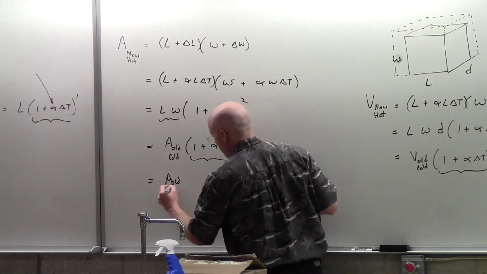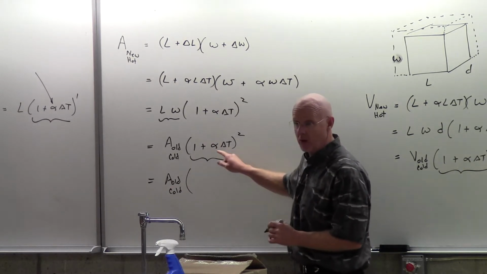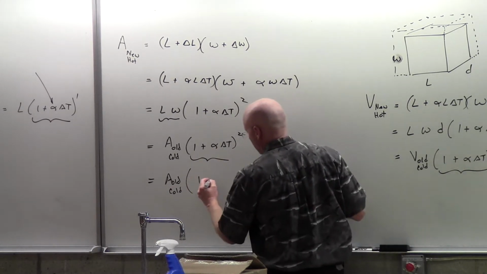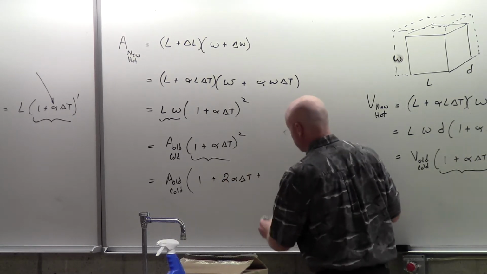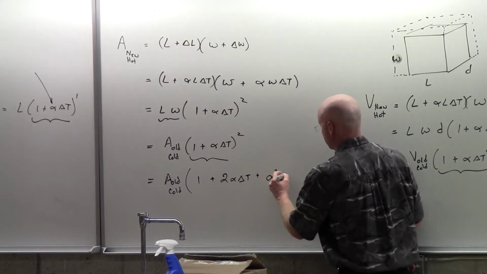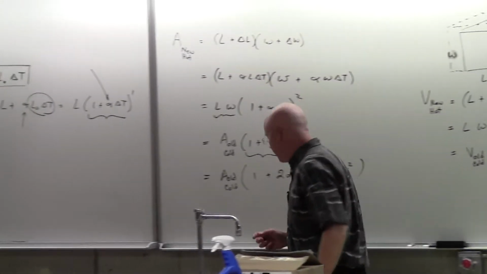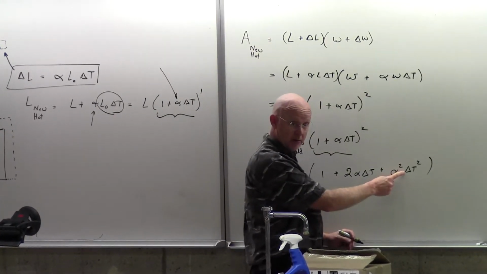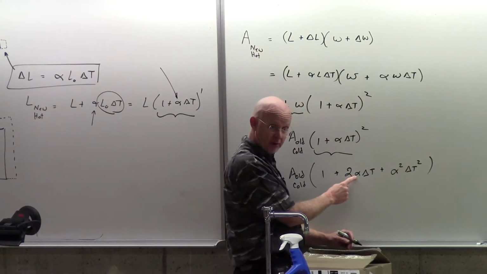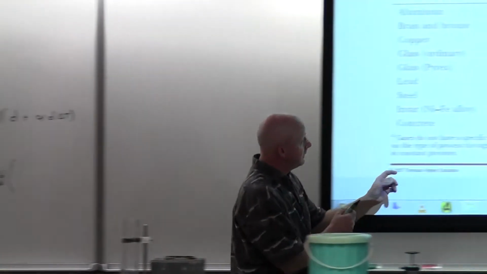Maybe I'll start with the square one because you probably remember this one much easier. What is this squared? 1 plus 2 alpha delta T plus alpha squared delta T squared. And if you look closely at this, you will see that alpha squared, compared to alpha, how big is this alpha?